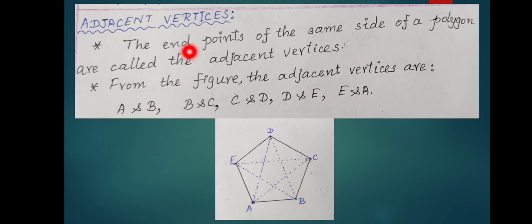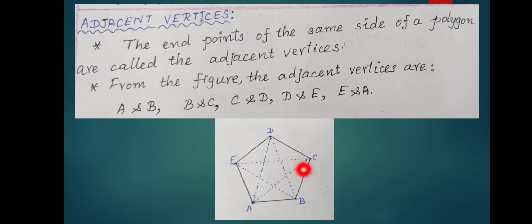Adjacent vertices. The endpoints of the same side of a polygon are called adjacent vertices. See, consider any one line segment. You will get two endpoints. These endpoints are called adjacent vertices. One vertex is next to the other.